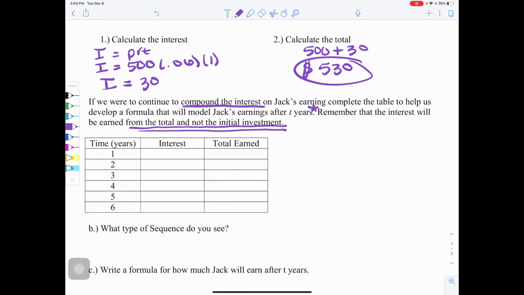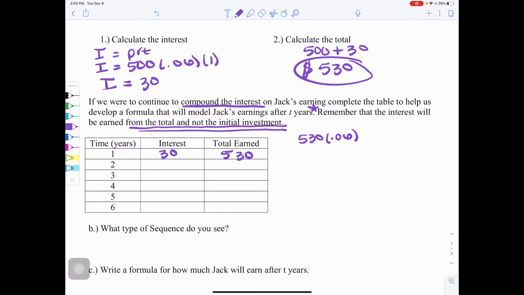So after 1 year, we already knew it was $30 for a total of $530. Now this is where it's different. We now have to take $530 and multiply it by the 0.06 in order to figure out what it will be the next year.